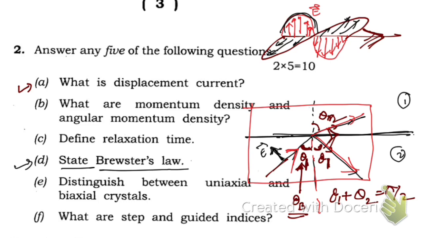Now you see, if this E is on the plane of incidence, that means parallel to the plane of incidence, this parallel component will not be reflected. Then you see, if this E vector is parallel to the plane of incidence, then it will not be reflected at this angle, okay, if the angle of incidence is theta b, that means it is equal to the Brewster angle.